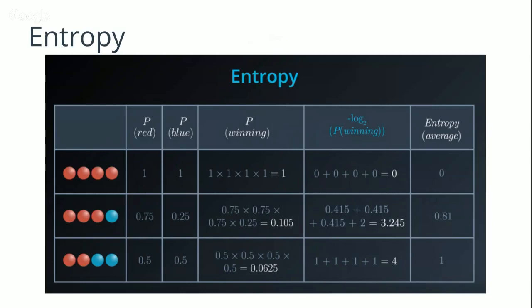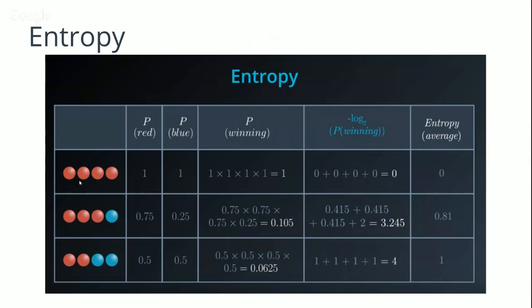In order to calculate entropy, we perform a negative log on the probability of the result. So let's say here that we want to predict the probability of grabbing a ball. In the first example, where all the balls are red, the probability of grabbing a red ball is 1.